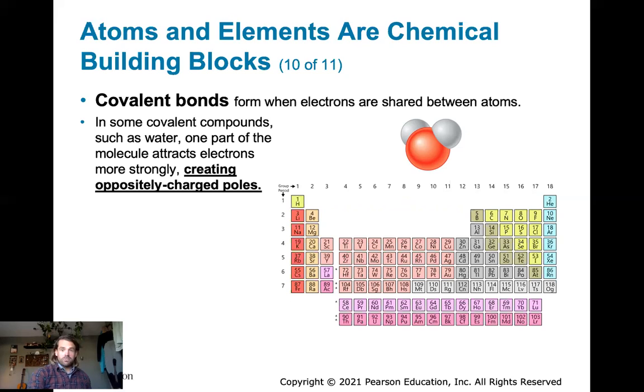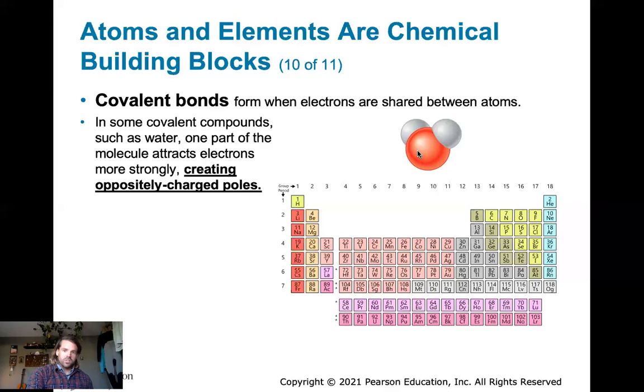And so the electronegativity of the oxygen is much greater than the electronegativity of hydrogen, okay? And so because of this difference, a couple of things happen. Number one, the water molecule actually gets physically bent into a V form like this. And it also creates what we call poles, and these are oppositely charged.